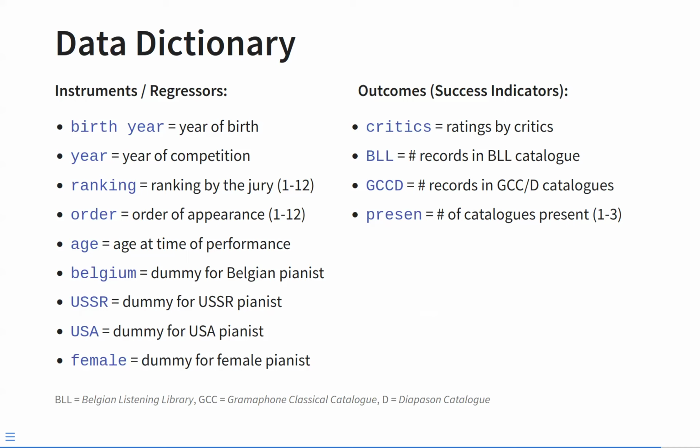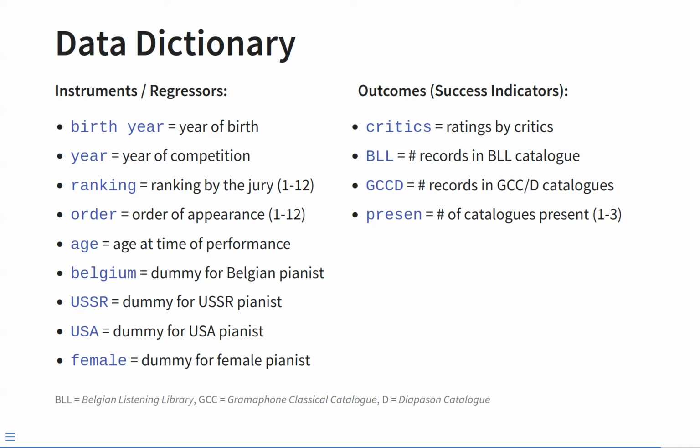There are 12 competitors in each year. Order is the random order of appearance in the competition, also 1 to 12. Age is the age at the time of performance. Belgium is a dummy variable for whether the pianist is Belgian. The reason for that variable is that the competition takes place in Belgium, and there might be some kind of home bias, perhaps.